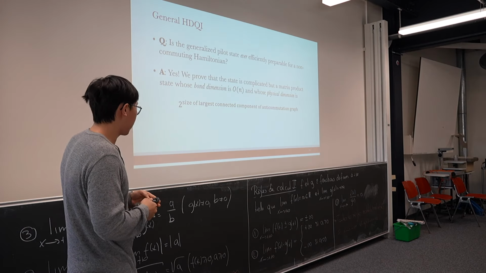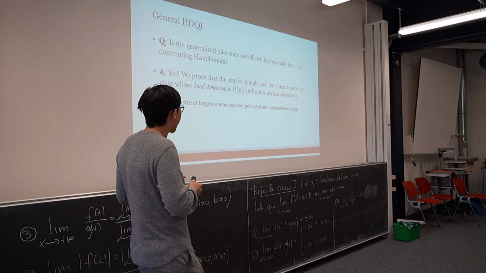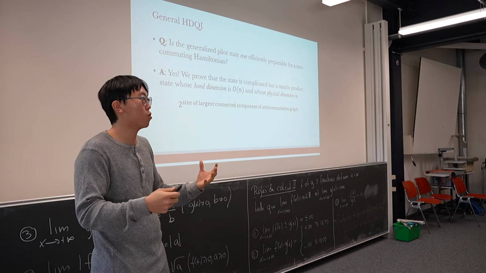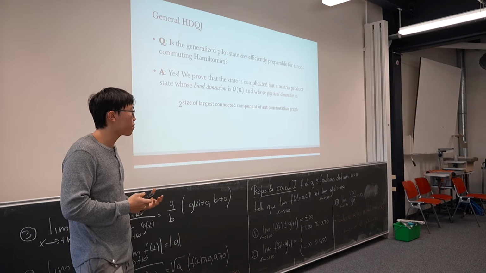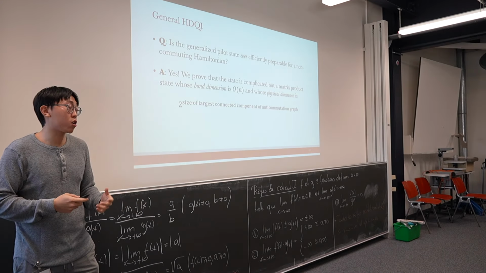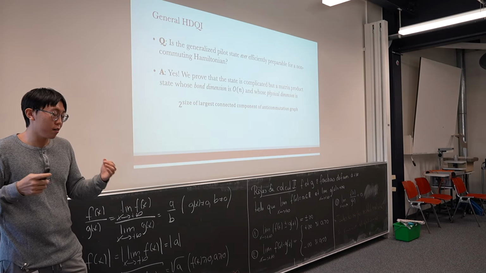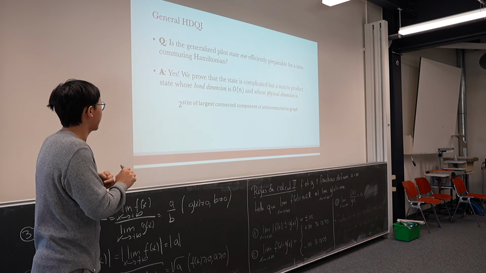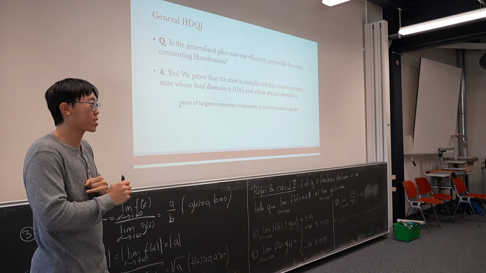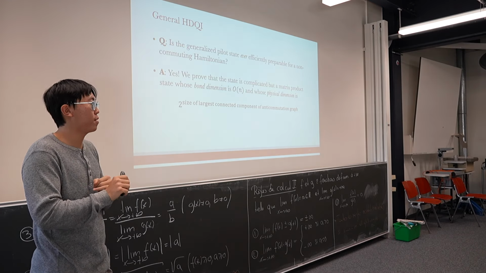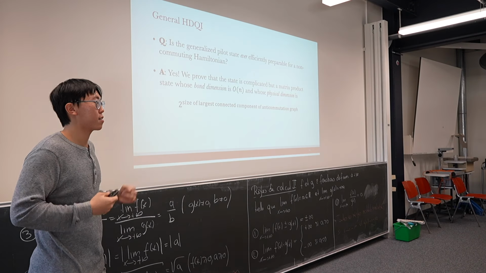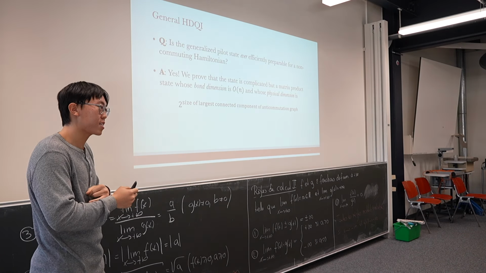The general way that we prove this is we go back to the anti-commutation graph. Right? This is the thing that encodes the anti-commutation structure of our Hamiltonian. And our claim is a few things. The main one is that you can write this complicated pilot state as a matrix product state. If you're not familiar with what that is, it's a really nice family of states that physicists study a lot for classical simulation.